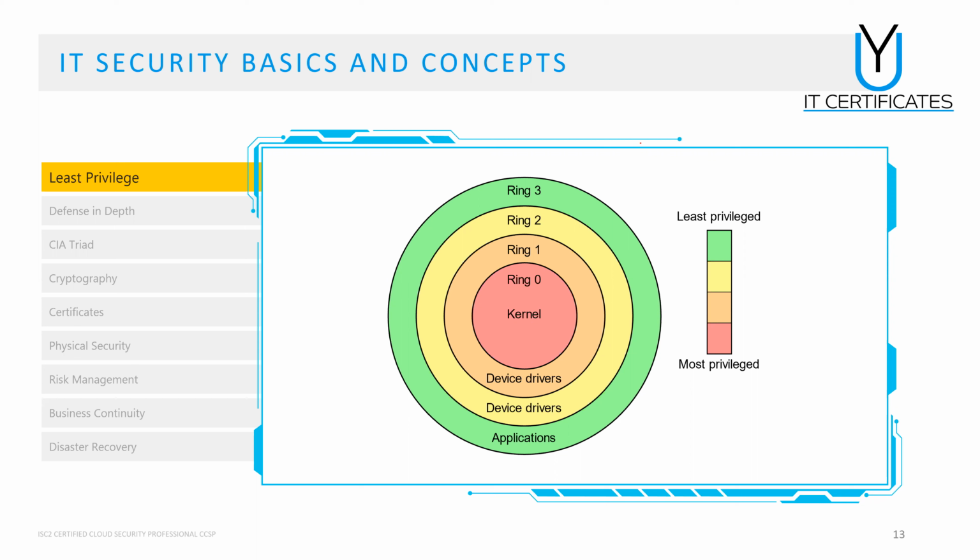First one is the least privilege, and this is one of the main principles of security. Least privilege means that you have to provide the minimum permissions for users, resources or applications to do their jobs. Suppose you have an employee working in the security department.